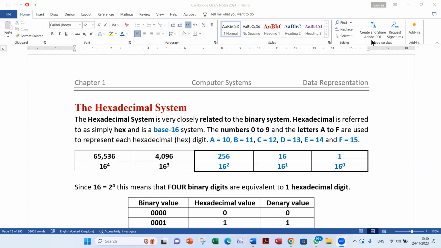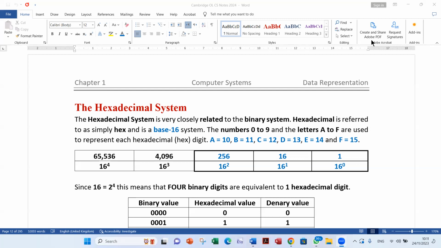Computers have ones and zeros, and I need to deal with ones and zeros, but they are really lengthy and they cause confusion. So I have a very good method of converting any binary number easily into a hexadecimal number.